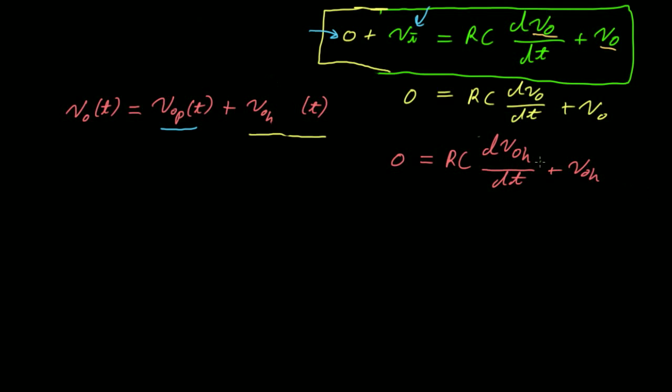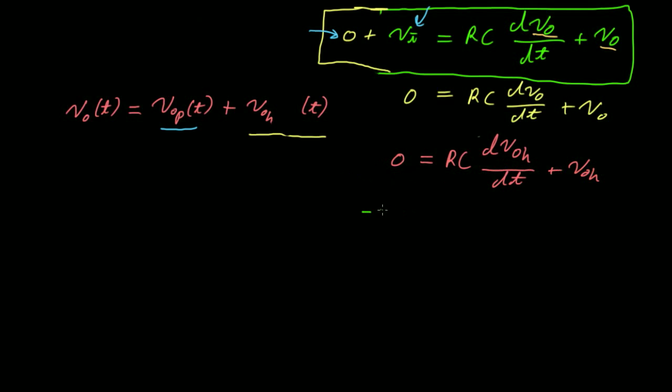So now let's go ahead and solve it. At this point, this is what's called a separable differential equation. It's separable because we can isolate all the variables very nicely and integrate to get our solution. So let's do some algebra here. I'm going to take VOH and subtract it from both sides.